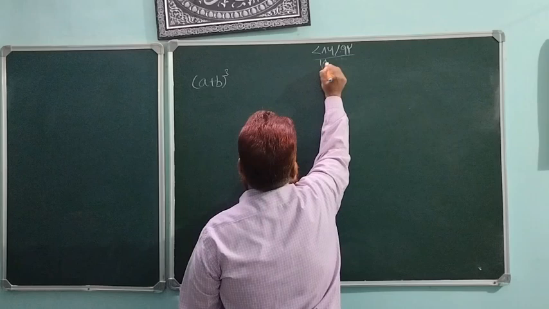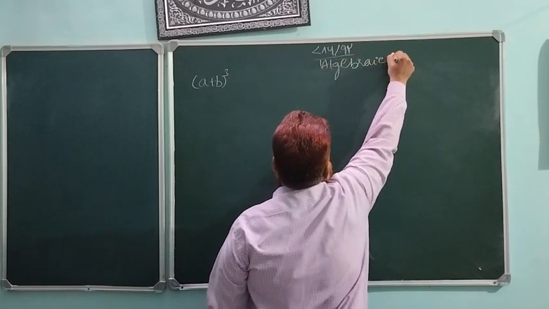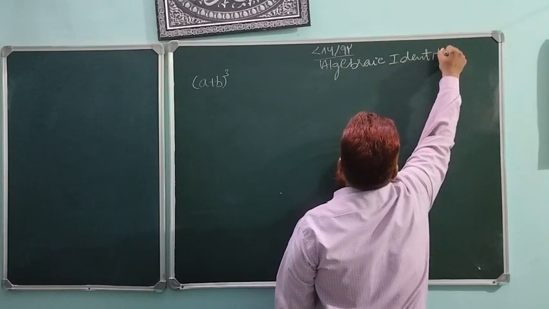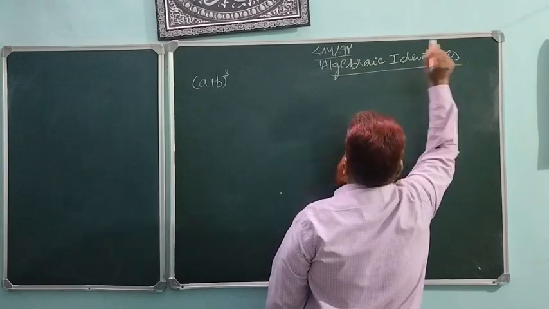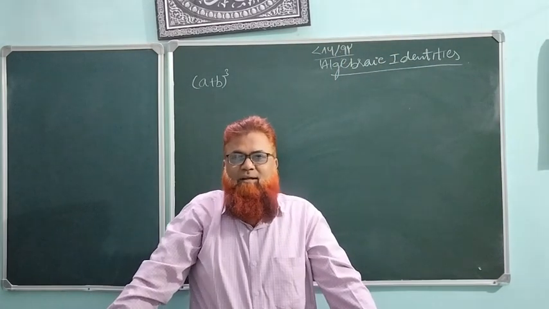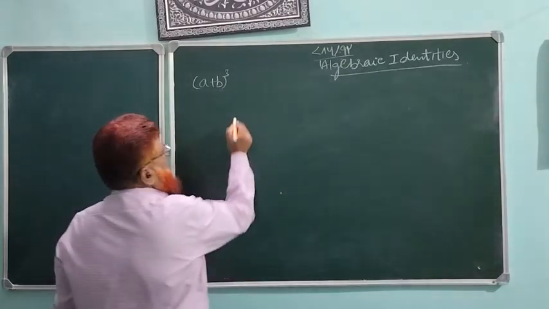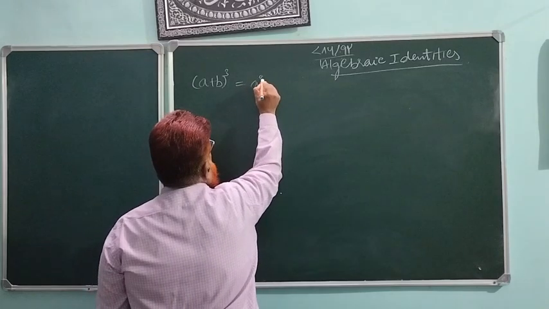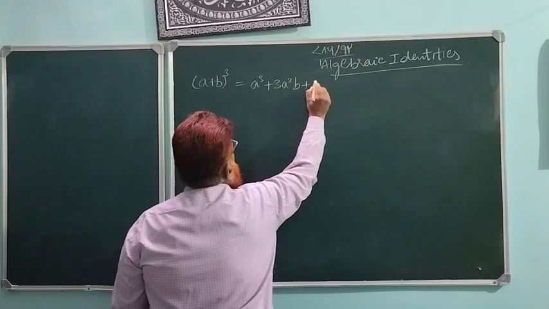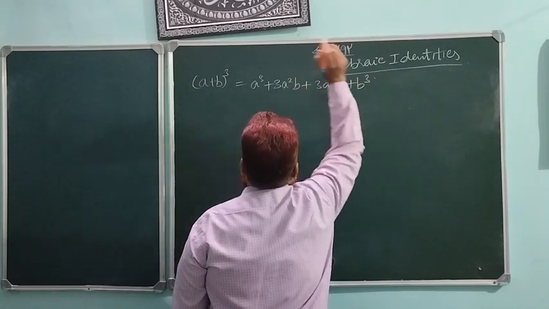Let me write these algebraic identities. So in this series of algebraic identities, today we are discussing cubic identities. A plus b whole cube is equal to a cube plus 3a square b plus 3ab square plus b cube.